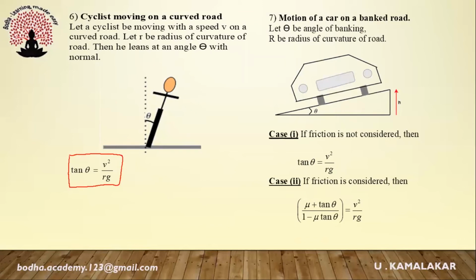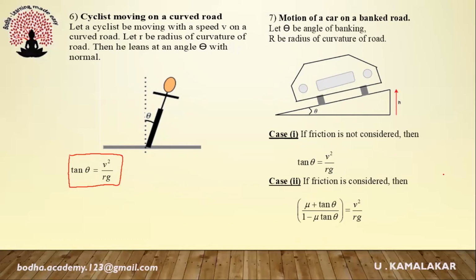Banking of roads. Consider a car on a banked road. Banked road means rising of the outer edge with respect to the inner edge. We call it banking of roads. So you can observe that the outer edge of the road is raised by a height h when compared to the inner edge. This is done so as to minimize overturning of vehicles on curved roads.